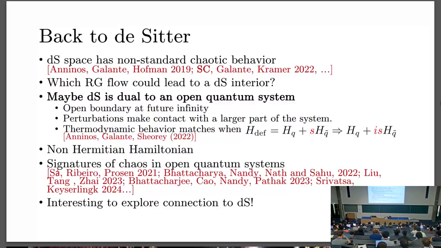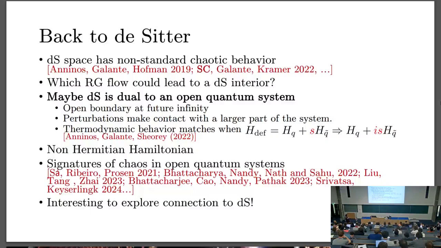There's this Gao-Wald theorem that tells us that perturbations essentially send the cosmological horizon away, so it makes contact with the larger part of the system, opens the wormhole, it has all sorts of names. And that's kind of what we expect from an open quantum system, that if we do some perturbation, maybe we are able to see an additional part of the system.